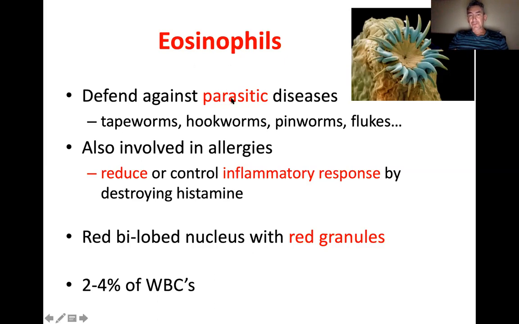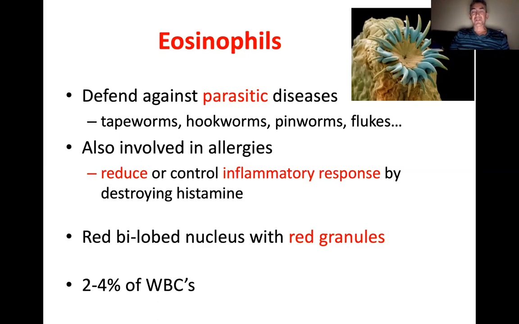Eosinophils' primary roles are in parasitic diseases, but they can also have an impact on allergies, right? They're not going to allow allergies to flare up. So eosinophils kind of keep allergic reactions in check. A person that has infections, say these parasitic worms long-term, has a potential to generate a lot of inflammation, but luckily these eosinophils will target the parasite and try to keep that inflammatory response low.